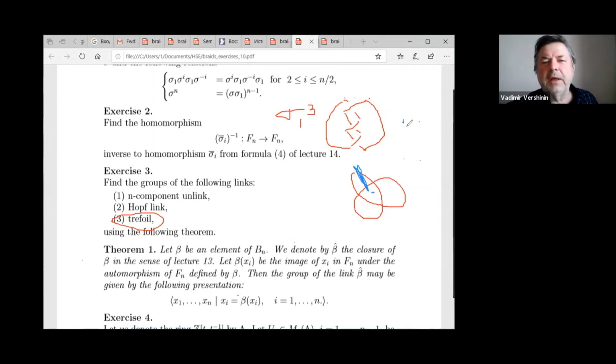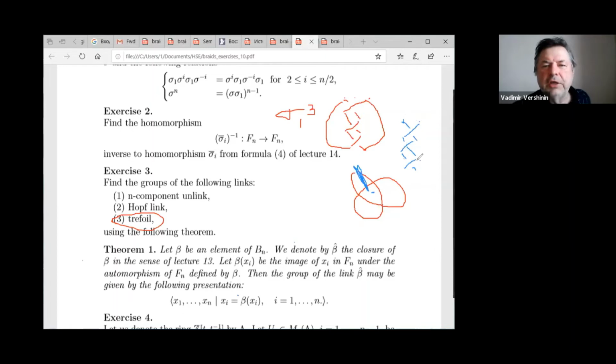You cut there, and you get, they are rotating, but you have exactly this picture. And here you cut, or you can go the opposite way.